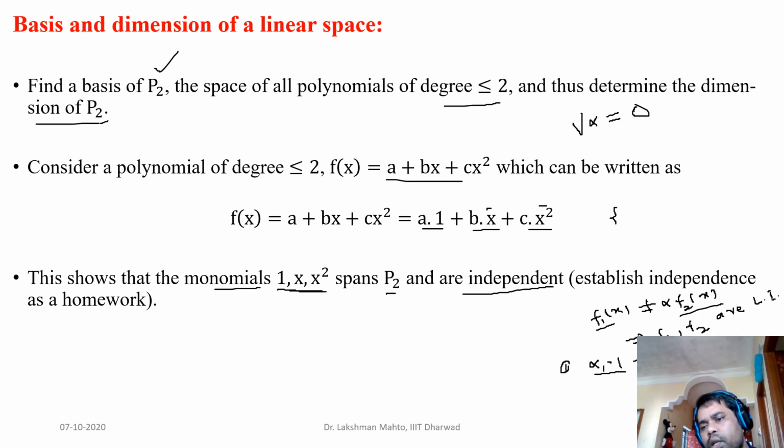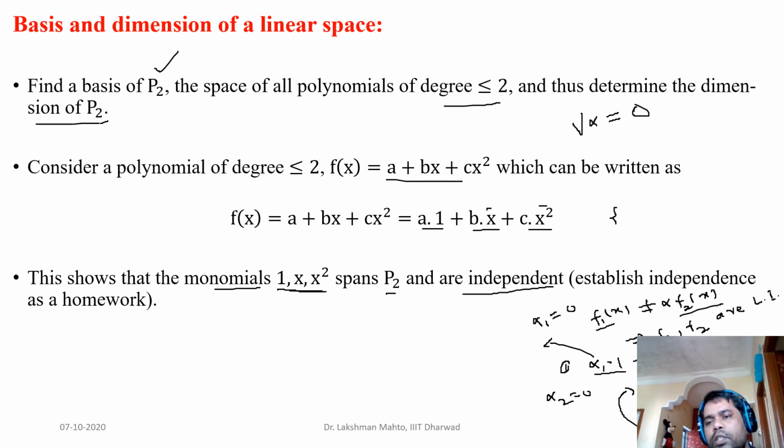So from the third equation you conclude that alpha 3 is equal to 0. Now put alpha 3 equal to 0 in the second equation. From here you will get alpha 2 is 0. Then put alpha 2 equal to 0 and alpha 3 equal to 0 in the first equation, and you will get alpha 1 equal to 0.